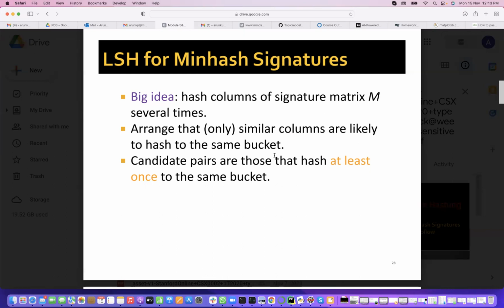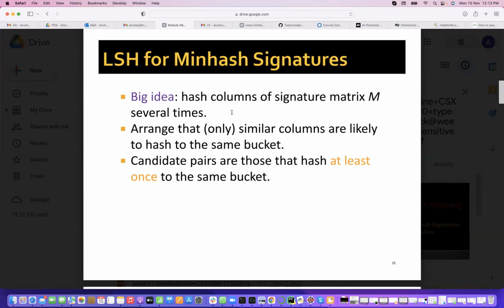So we don't need to compute for columns that are mapped to different hash keys. They don't need to be evaluated whether they are similar or not. But if they are falling into the same bucket, then we need to evaluate whether they are the same or not. That is the big idea here. Hash columns of signature matrix M several times.